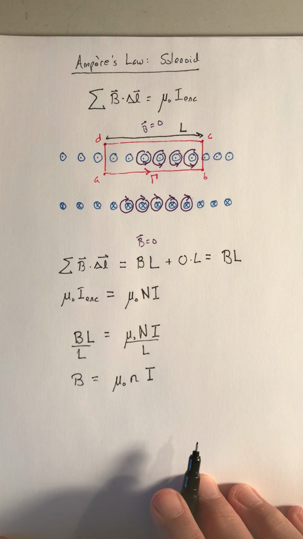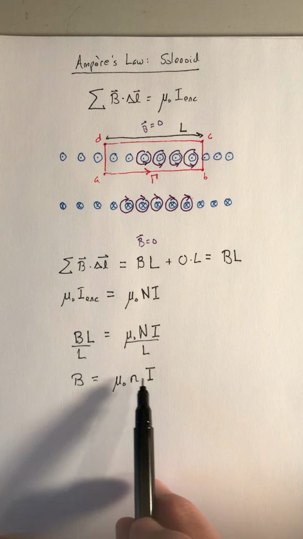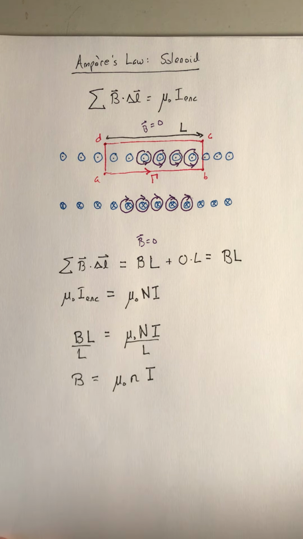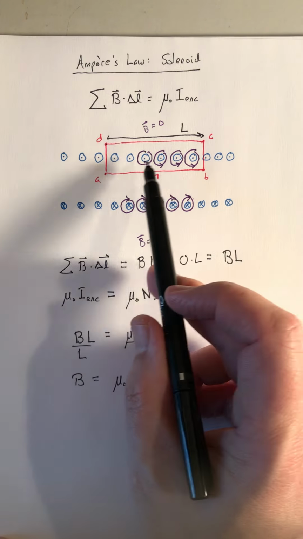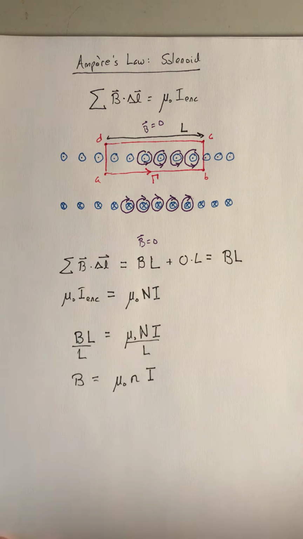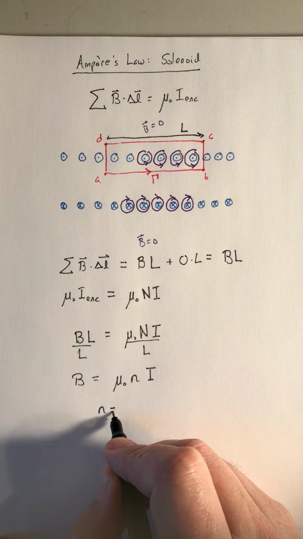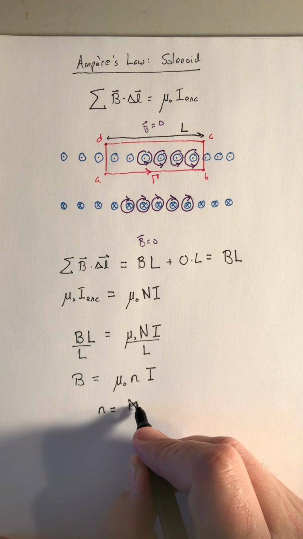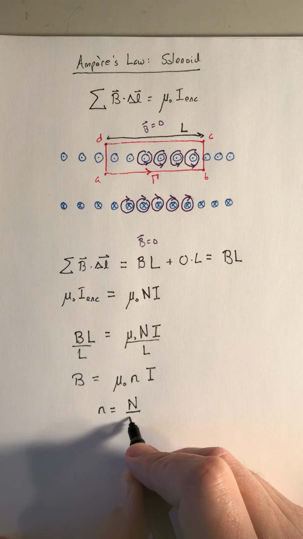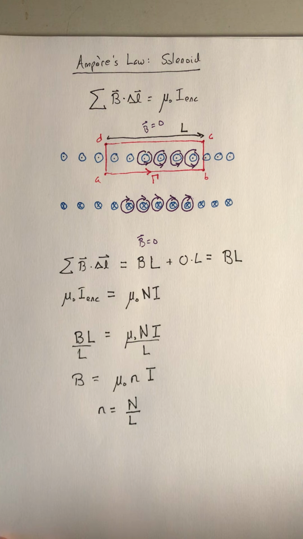And then I have the current I. And in fact, as promised, it is uniform. No spatial dependence. As long as I am inside the solenoid, it's a constant magnetic field. And this little n, the turns ratio, is the number of turns in your solenoid divided by the total length of the solenoid.